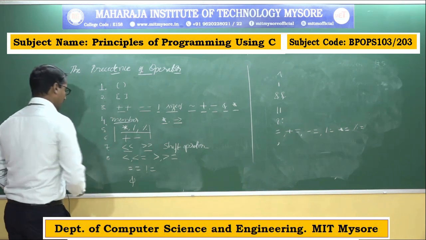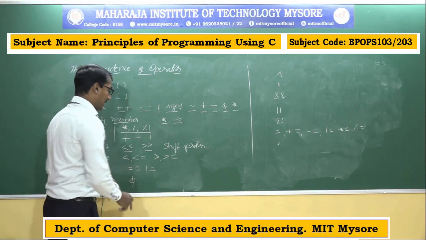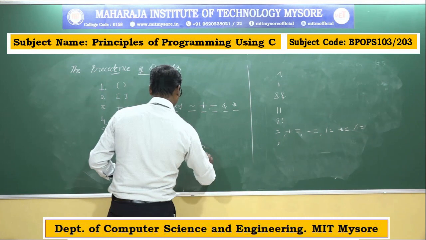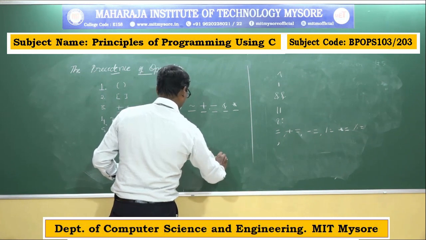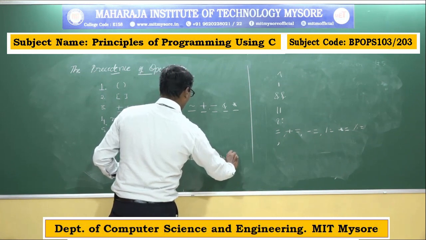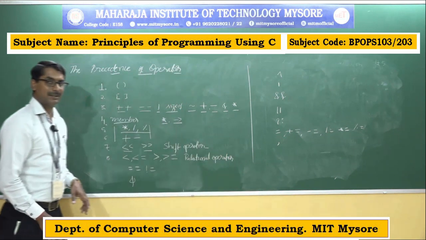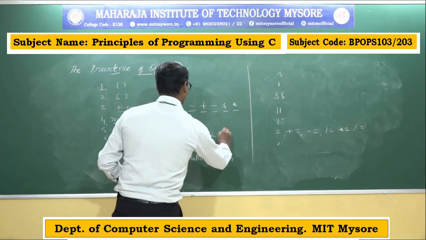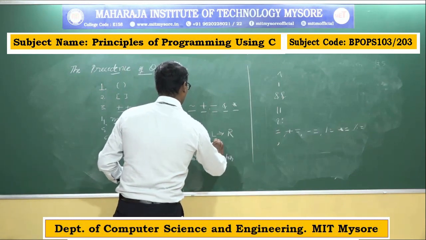The next preference is for the relation operator. Relation operators are evaluated from left to right, so the associativity is left to right.